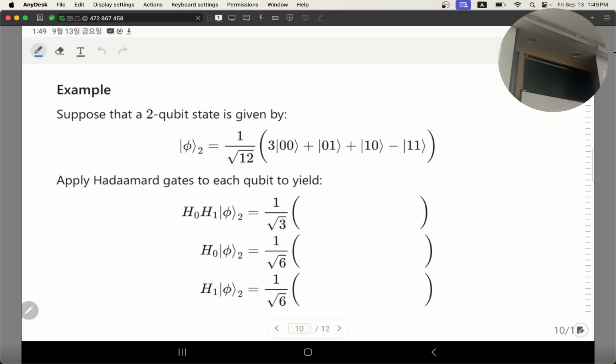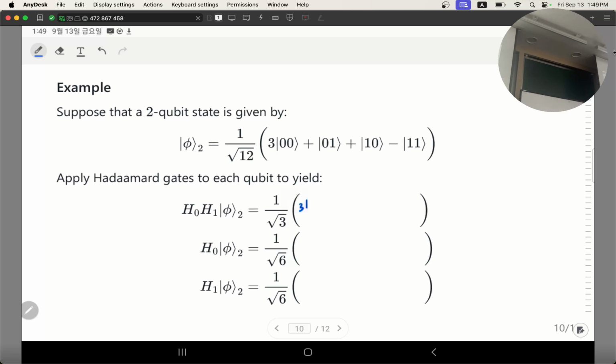But let's see what happens after taking the Hadamard gate. If I take the Hadamard gate on 0 and 1, this becomes 3 plus plus, plus minus, minus plus, and minus minus.